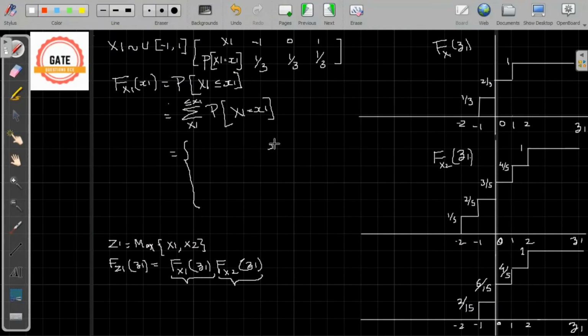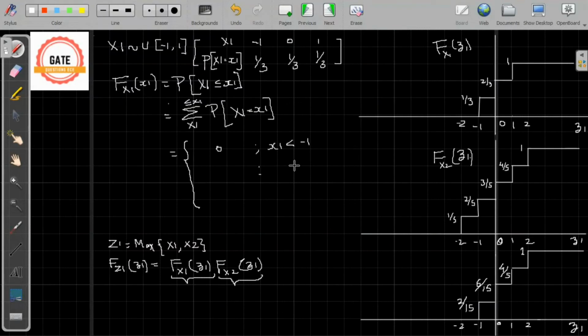If x1 is less than -1, this will be 0, because below -1 the probability is 0 for all values of X1. So the sum of all such probabilities is 0.